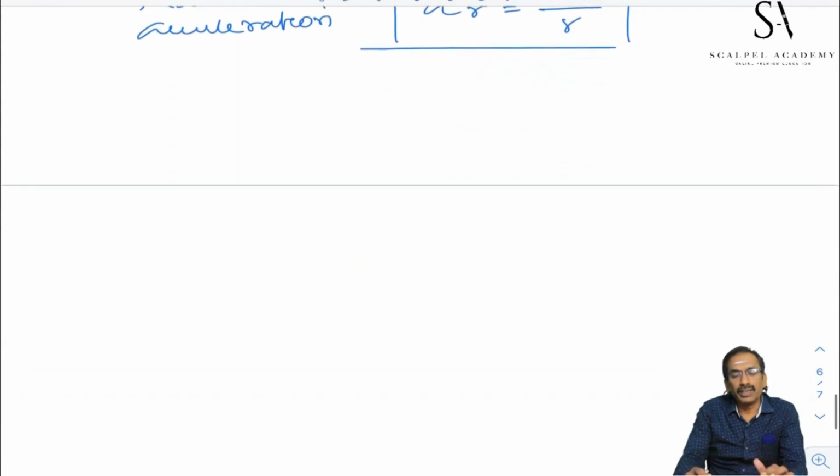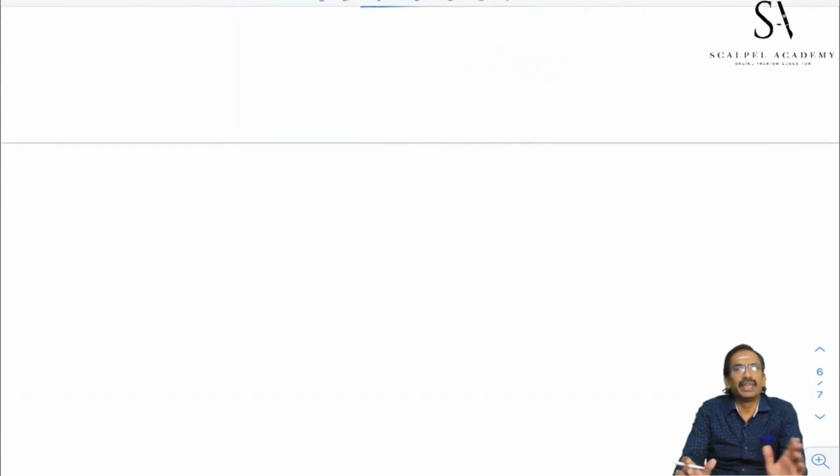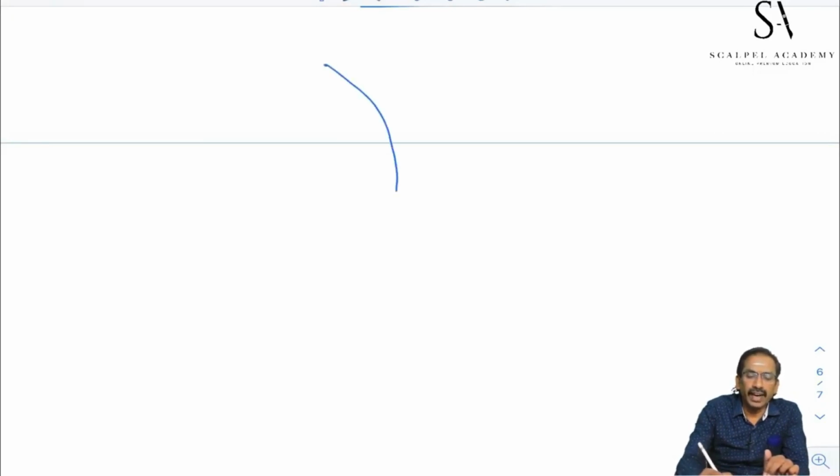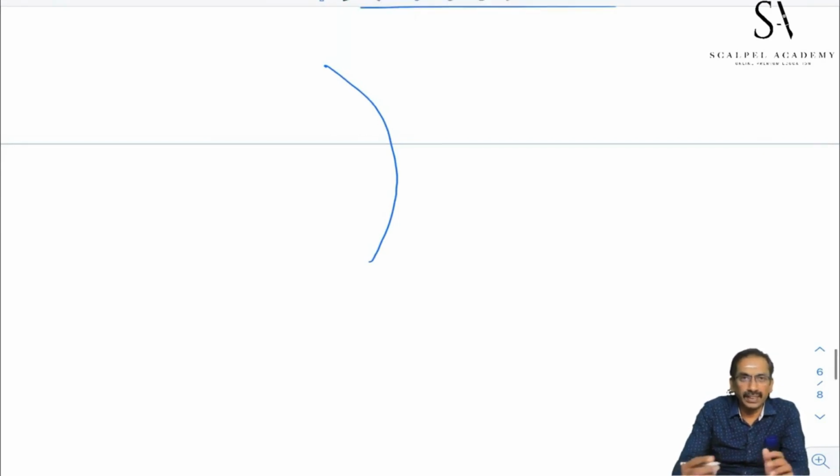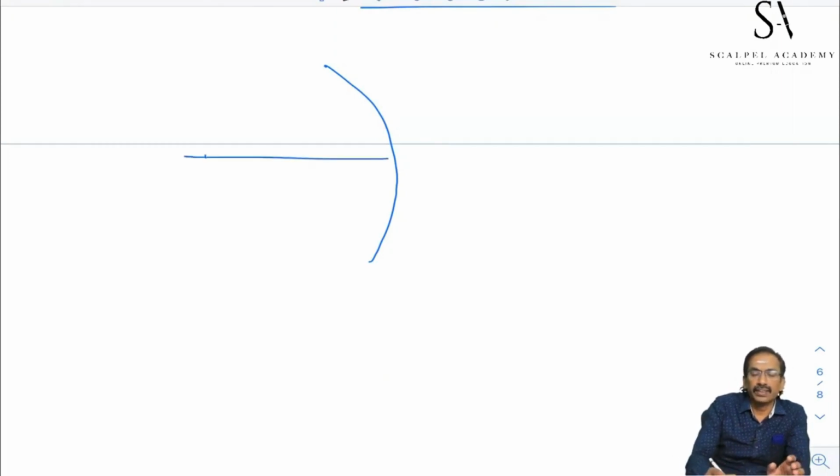So if a particle moves with a constant speed in a circular path, then its tangential acceleration becomes 0, but it will have radial acceleration. So a particle can have two types of acceleration: one is tangential acceleration, another one is radial acceleration. Radial acceleration will be along the radius towards the center.